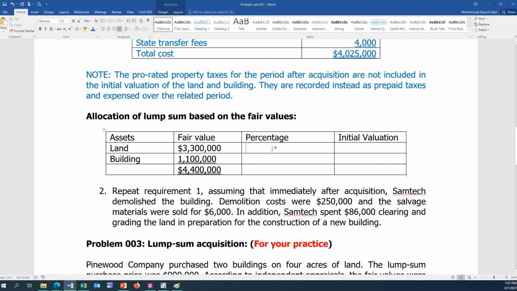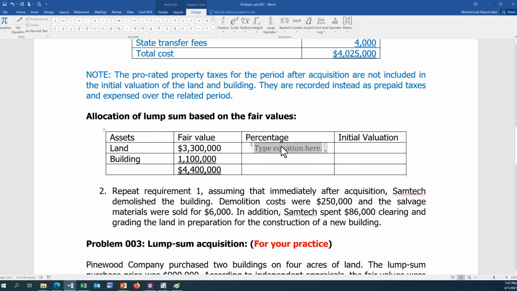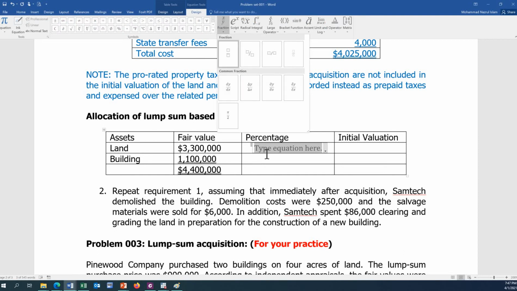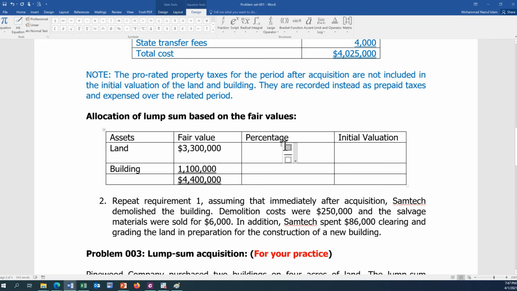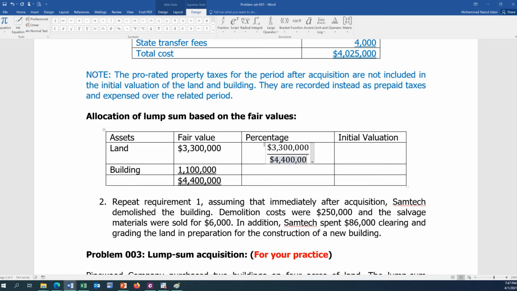So now what do we need to do? It would be better if we insert an equation. The value of land is 3,300,000, and the total value of the land and building is 4,400,000. So what is the percentage?